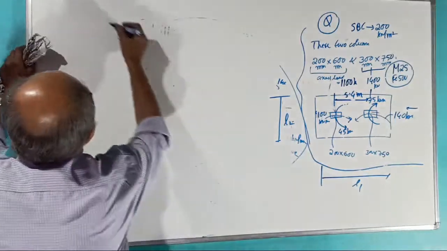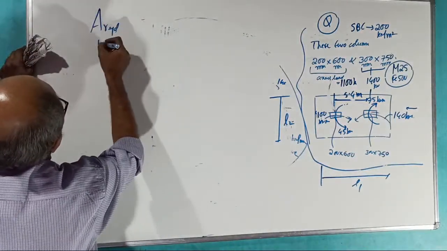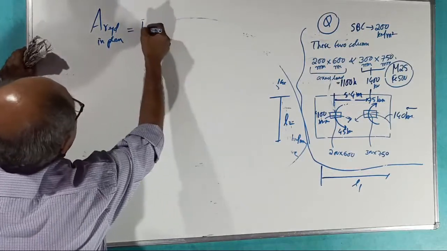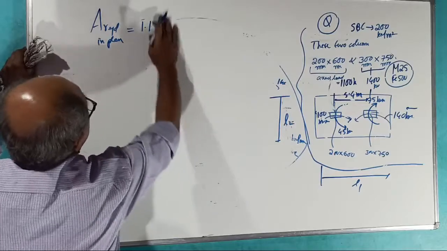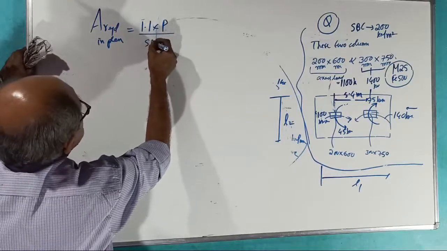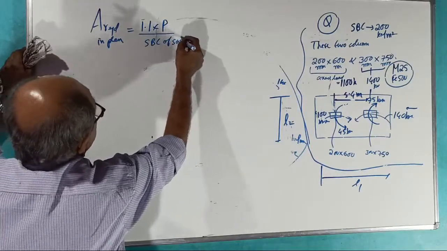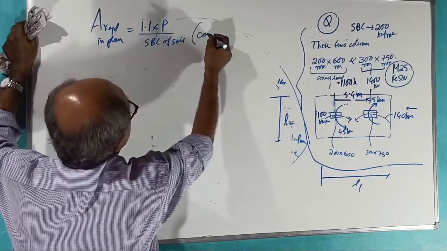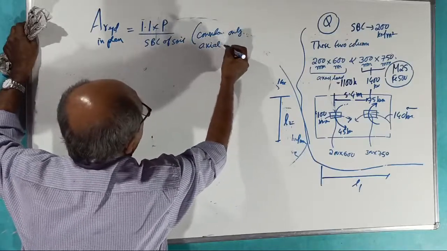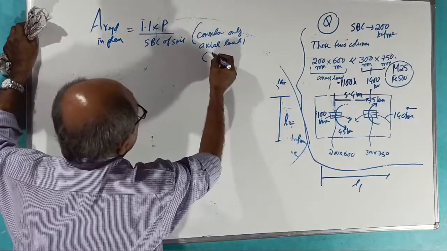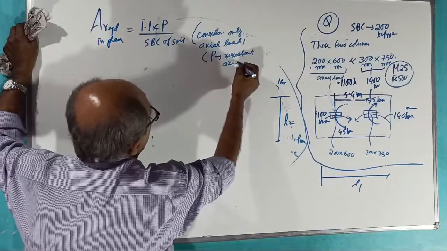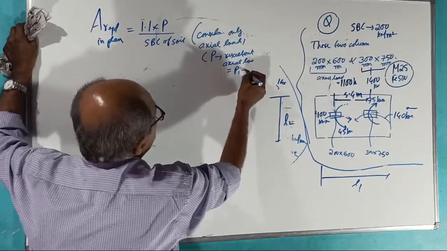First find area required in plan equal to 1.1 times P divided by SBC of soil, considering only axial loads, that is P stands for resultant axial load, that is equal to P1 plus P2.